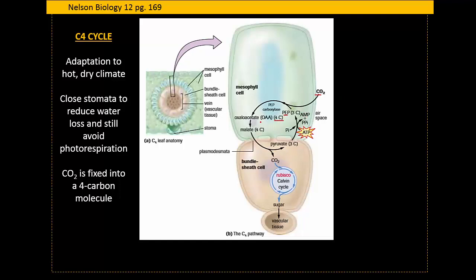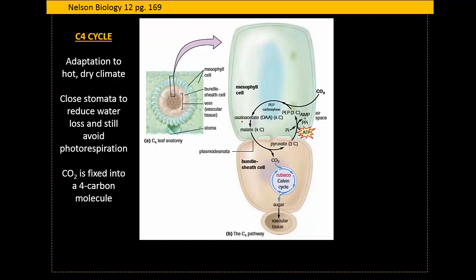And that is the first organic molecule produced when carbon dioxide and PEP unite through the action of PEP carboxylase. A 4-carbon organic acid called oxaloacetate, OAA, is produced. So that's why this is called the C4 cycle, because the first molecule that includes the CO2 has 4 carbons, oxaloacetate.